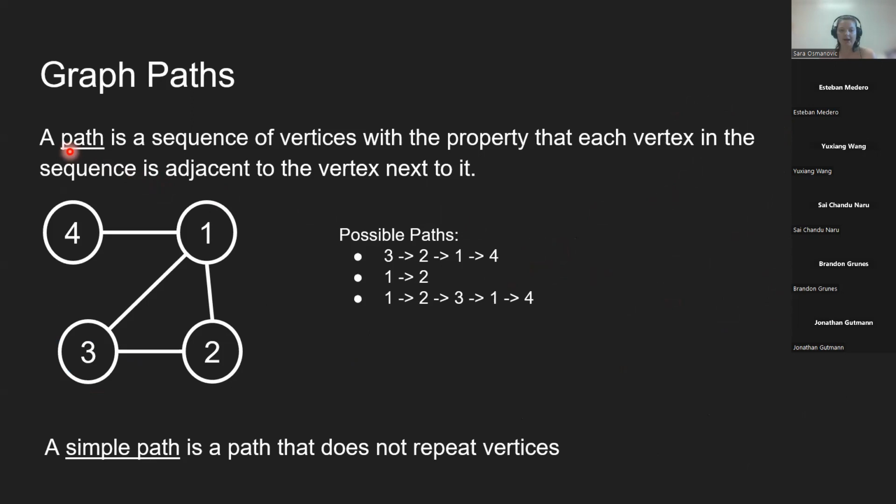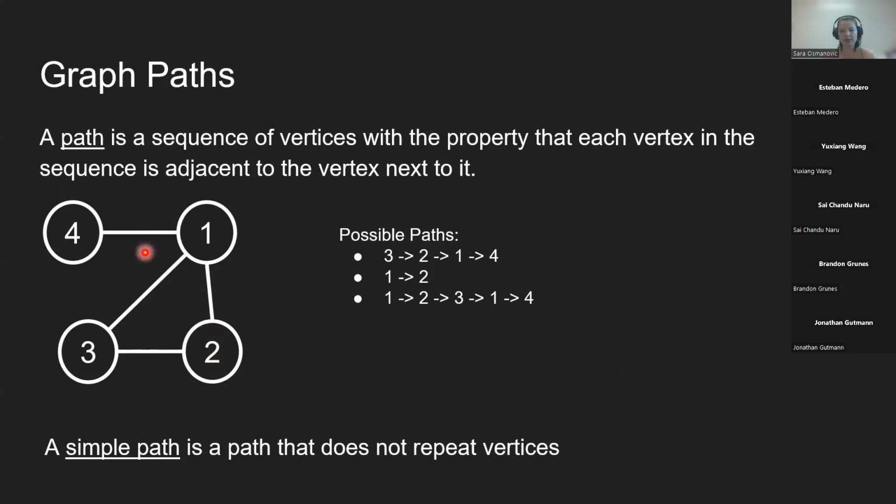A path is a sequence of vertices with the property that each vertex in the sequence is adjacent to the vertex next to it. So a path is essentially a sequence of vertices that are connected via edges, but they have to be adjacent.